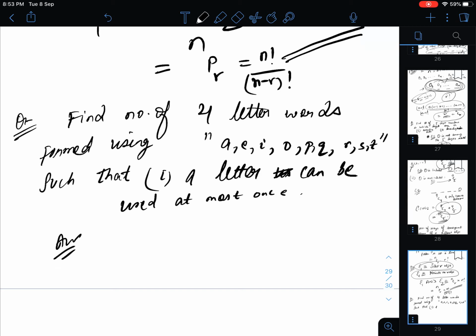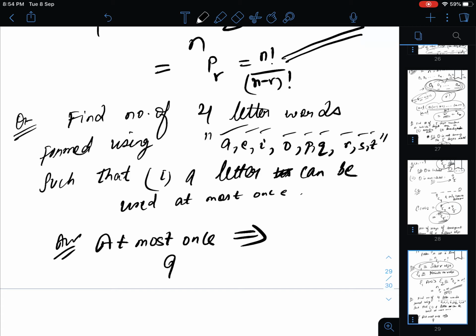At most once implies that all letters in the word must be different. So the total number of 4-letter words possible is: you have 9 alphabets, you select any 4 of them and then you permute them. So this is your answer for the first part.